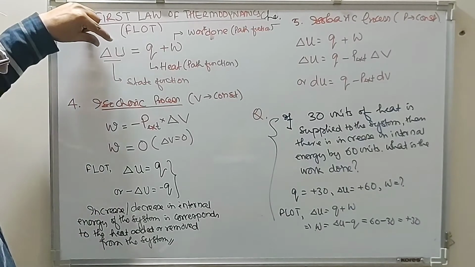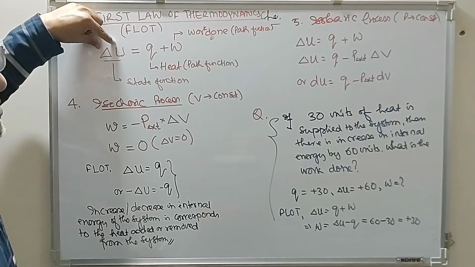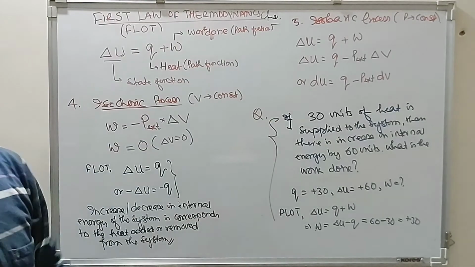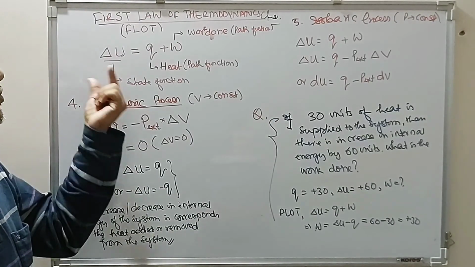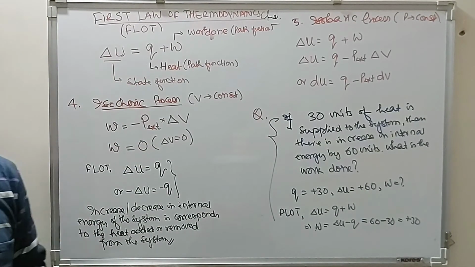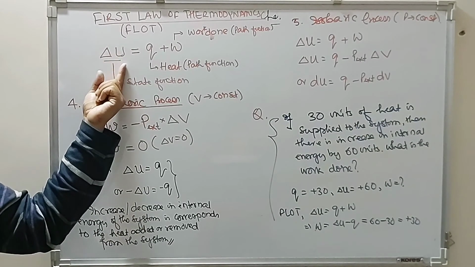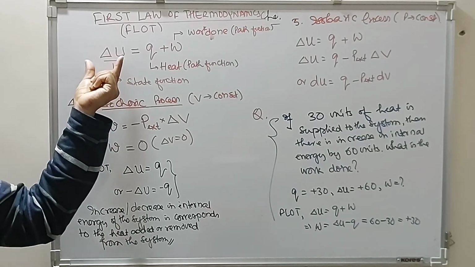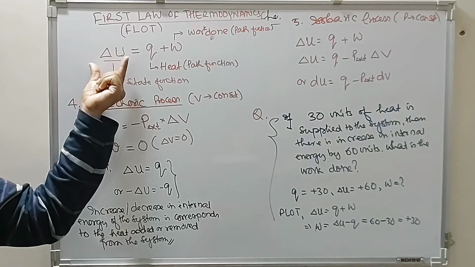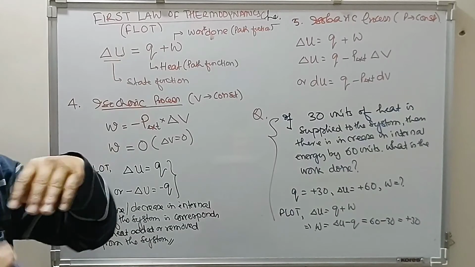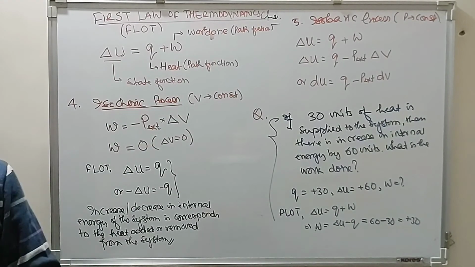Look at this, internal energy. The unit will always be in terms of joule per mole. The change is defined only for 1 mole of the system, so the energy should be in joule per mole, or if a larger quantity is used, kilojoule per mole.